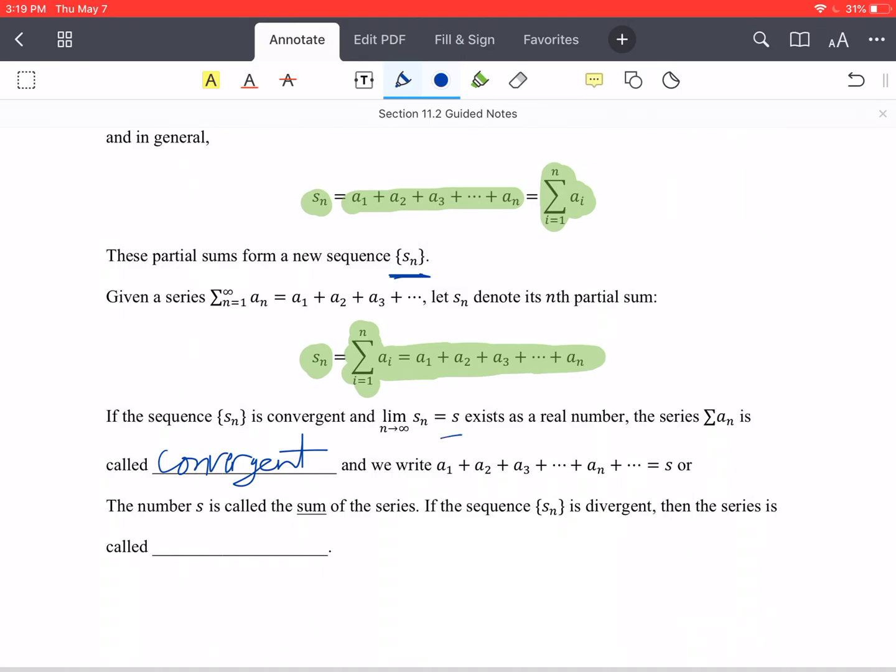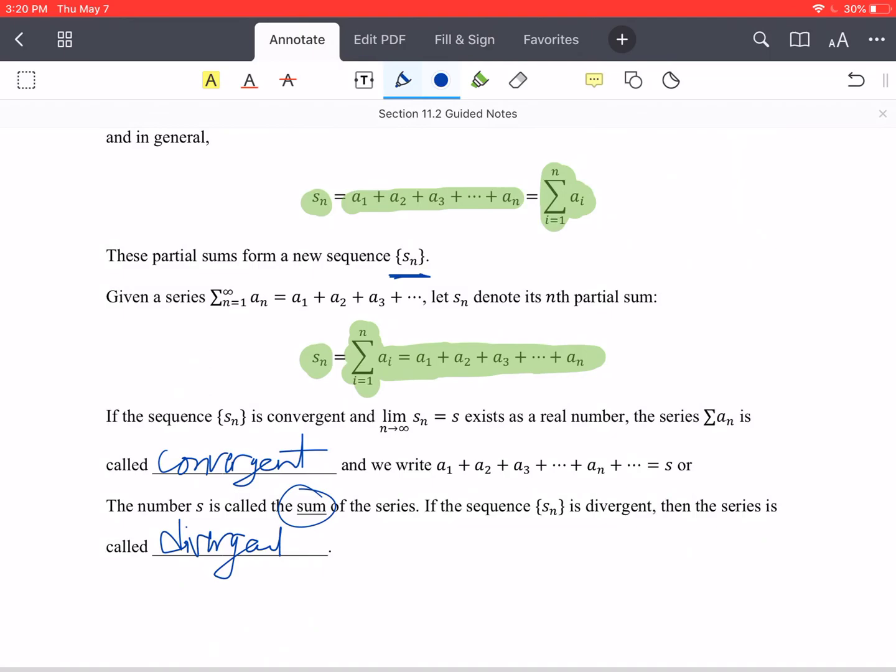Okay, and then it approaches one specific value, s. So we add up all those terms and they get us to s. Sorry, that should be a lowercase t there. The number s is called the sum of the series. Okay, so if the sequence is divergent, then the series is called divergent as well.